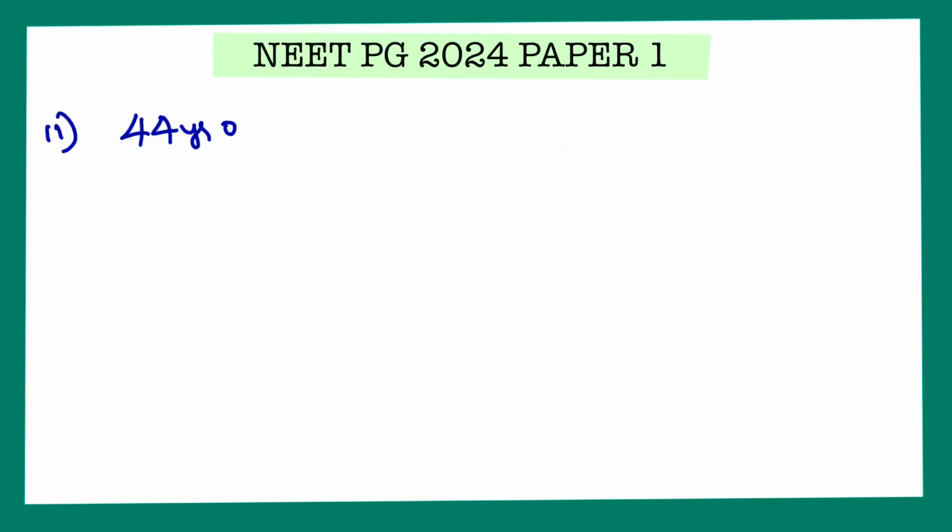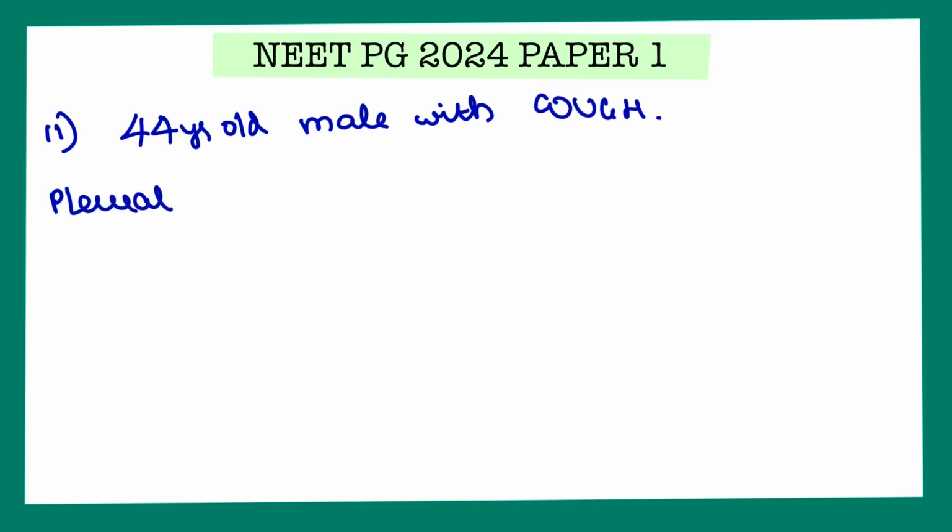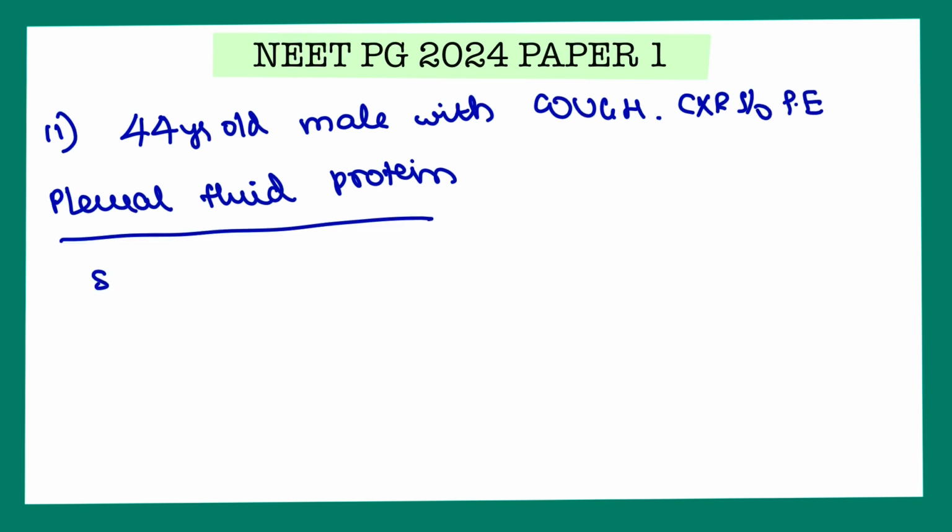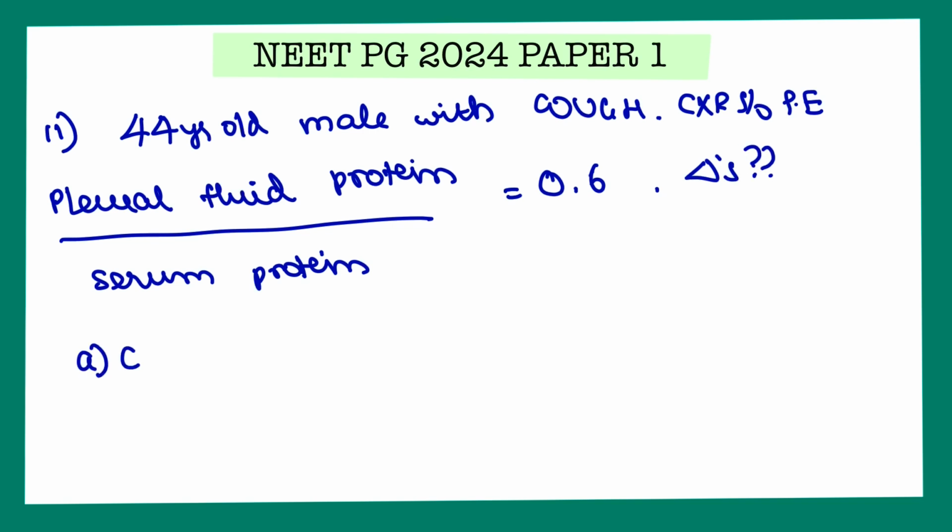Next question, a 44-year-old male with cough, chest X-ray shows pleural effusion, pleural fluid protein by serum protein was found to be 0.6. Diagnosis is? The options were two transudative, cardiac failure and nephrotic syndrome, and one exudative, which was TB. So what is the criteria used there?